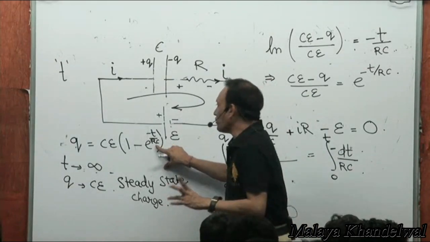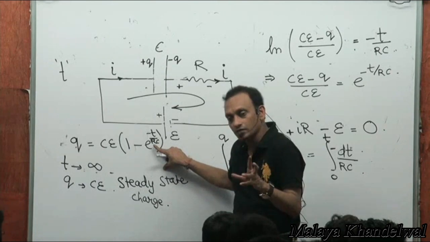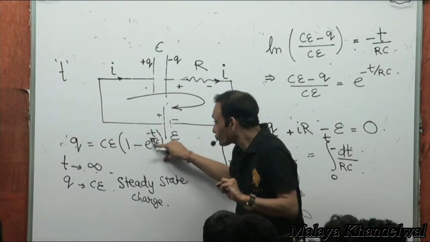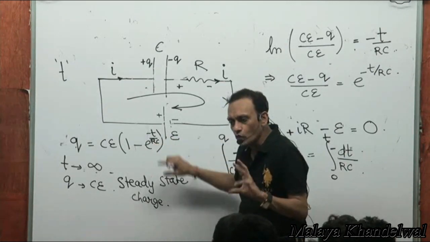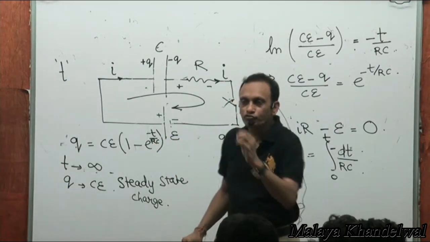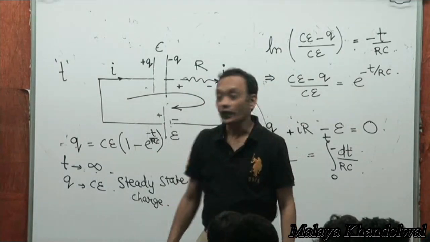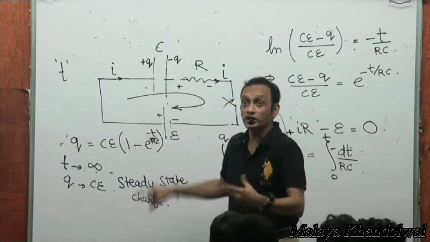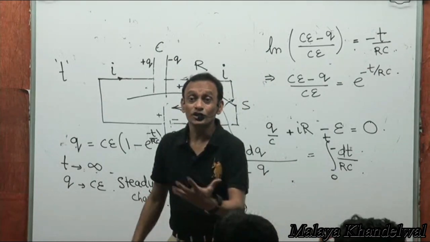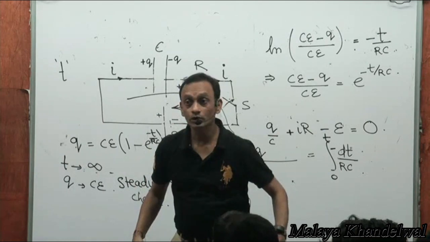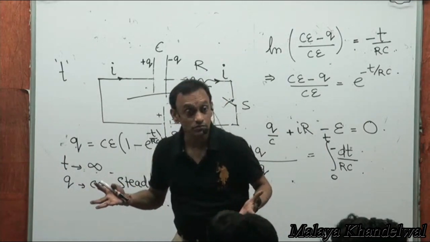First of all, the unit of RC must be time. Do you realize that? Because this has to be dimensionally consistent. So RC has units of time. RC could be like a few nanoseconds. And if RC is a few nanoseconds, then t, a few microseconds, is like infinite compared to nanoseconds. It'll be like 1,000 times nanoseconds, right?